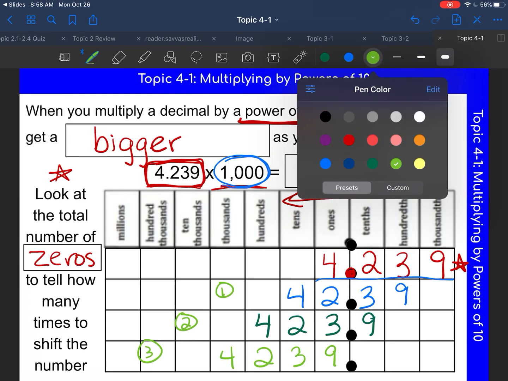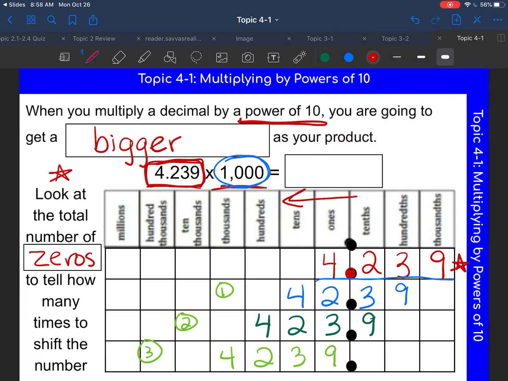My final answer, multiplying 4 and 239 thousandths times 1,000, is 4,239 right here. This chart is really helpful in helping you understand and move that decimal.